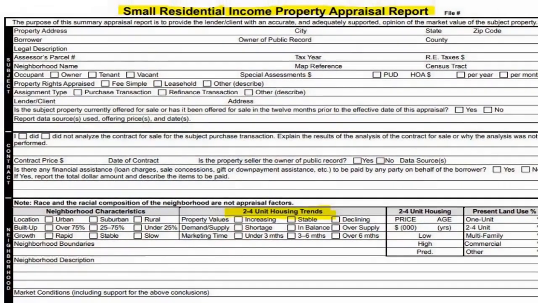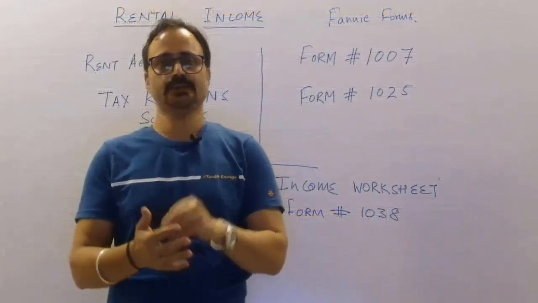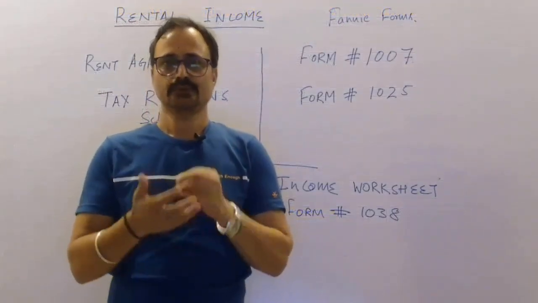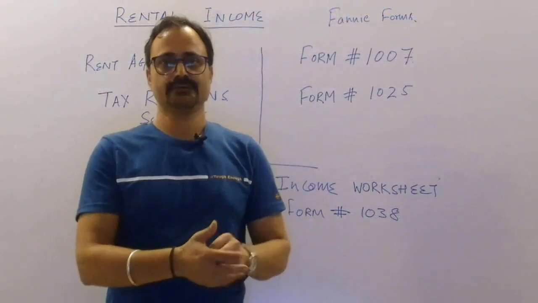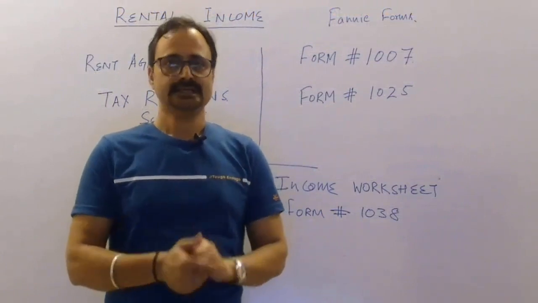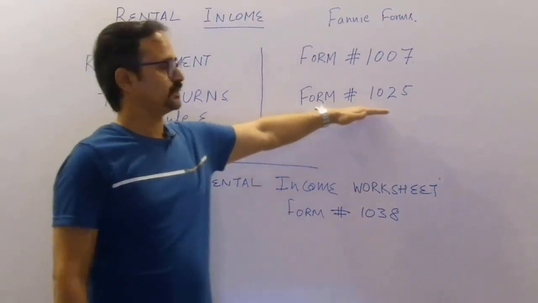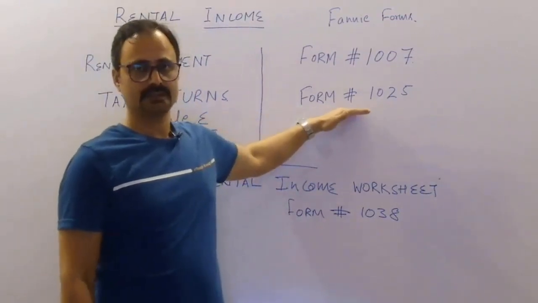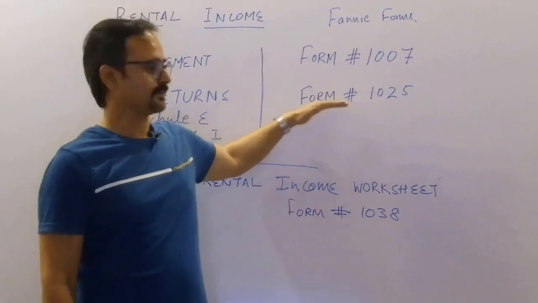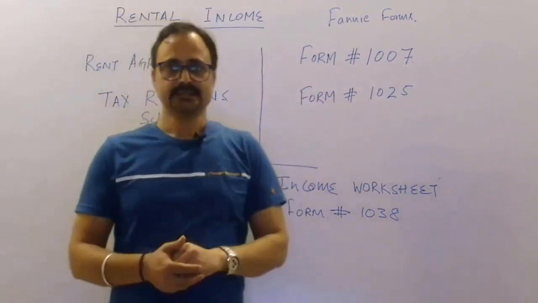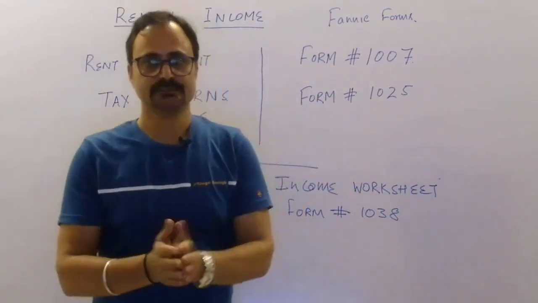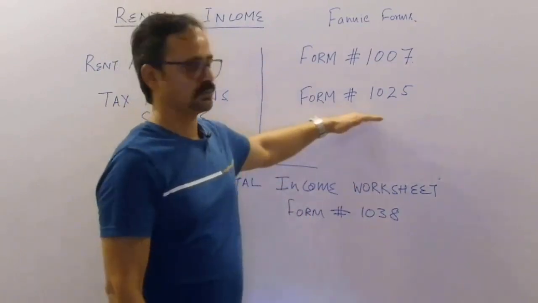So whenever I'm going to purchase a 2 unit, 3 unit, or 4 unit property for income and investing purposes, I will require form number 1025. It means my appraisal or property valuation will be done on form number 1025.